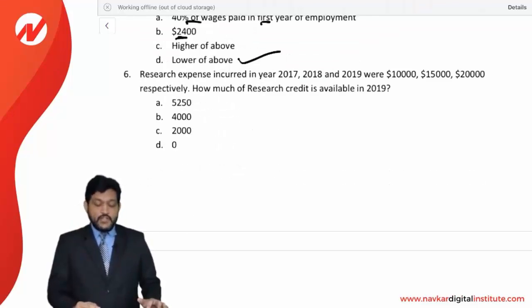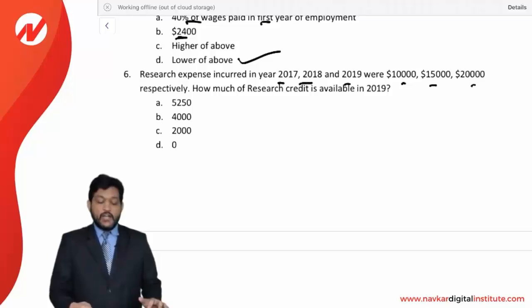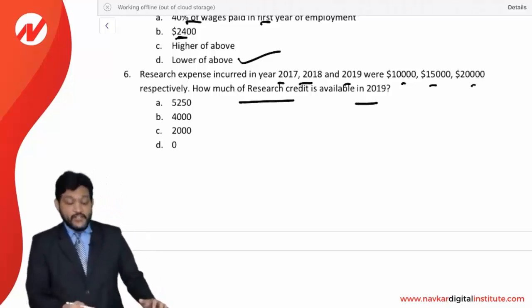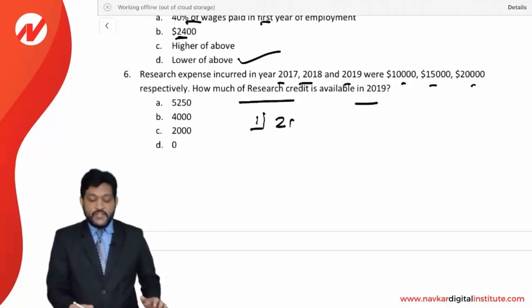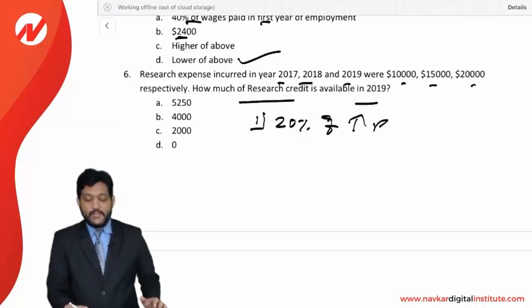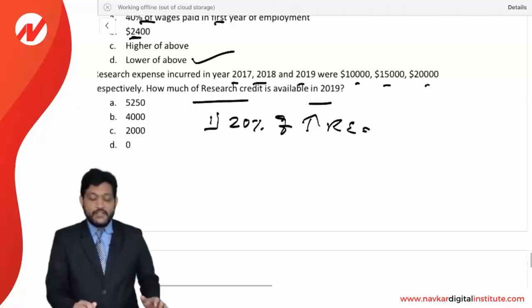Next, research expenses incurred in 2017, 18 and 19 were 10,000, 15,000 and 20,000 respectively. How much research credit is available in 2019? Okay, for the research credit you have two options. First option, you make 20% of incremental research expense. Incremental research expense means the expense incurred in 2019, that is 20,000.